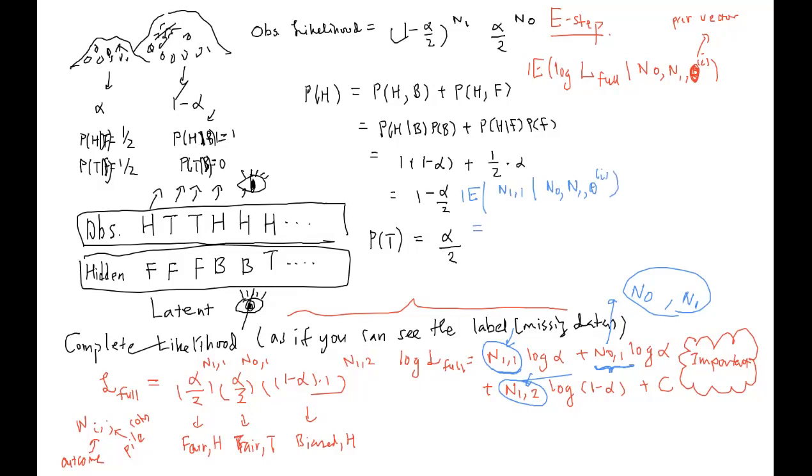Now when you observe a head, it could be either one. This one is saying that it's coming from the pile of fair, so 1 is fair, 2 is biased. The probability of coming from the fair part is alpha over 2, out of the total probability of getting a hit, which is alpha over 2 plus 1 minus alpha.